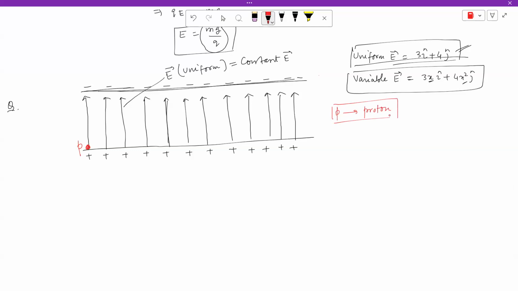Yes, sir. And I provide this charge a horizontal initial speed. This is the initial speed that I provide to this charge. And you see that it experiences some acceleration or some force in this side.